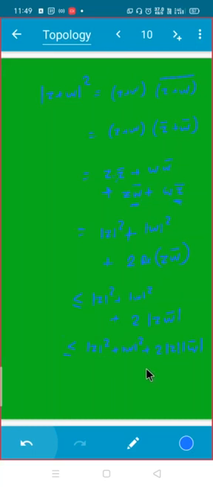Neha, I think she is not answering. Is she there? Shreyas? Okay, who can complete this? What next? Sir, mod of W bar is same as mod of W. Exactly. So mod of W bar is same as mod W. Are we done?